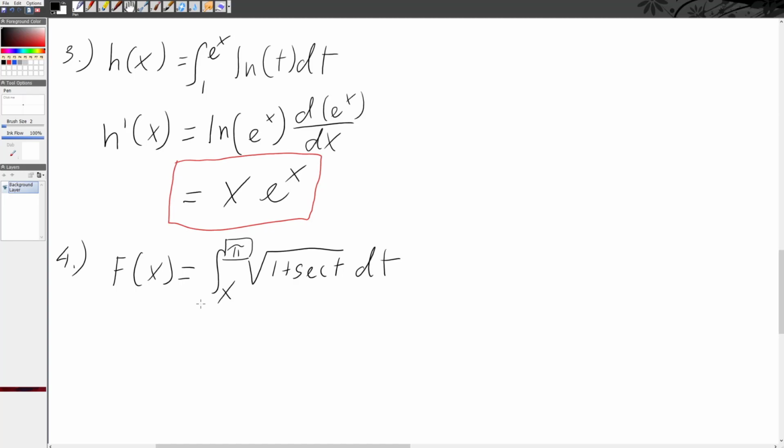What this means is that if we do have a variable in the lower limit of integration, we simply swap the upper and lower limits of integration. And when we swap the limits of integration, we introduce a negative.